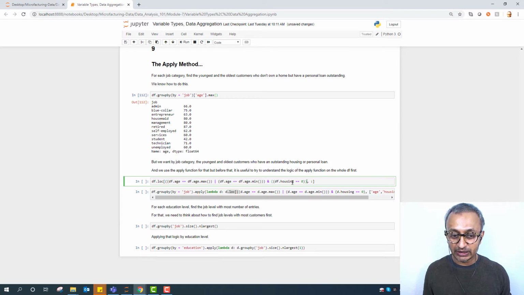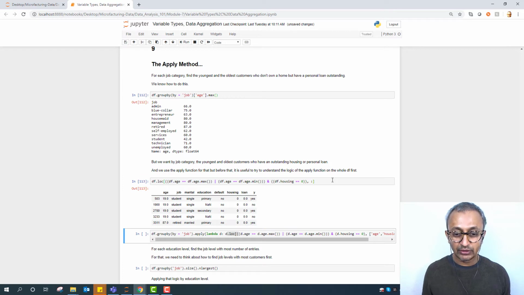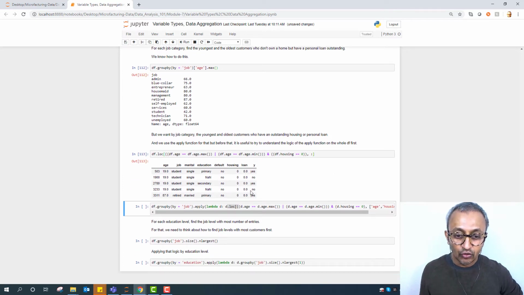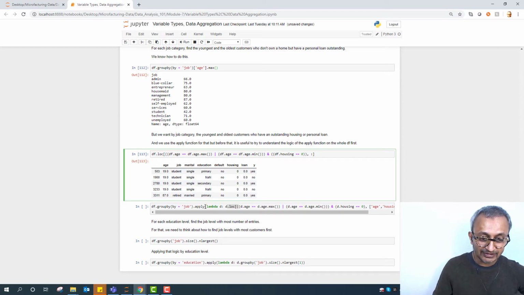This entire filter, we apply it, and it gives us the list of folks who don't own a home and who are the min age and the max age by job category. So you will see that in this job category, if you were to find min or max age for folks who own housing, you only find this set of rows.